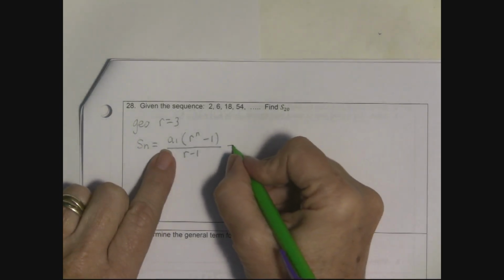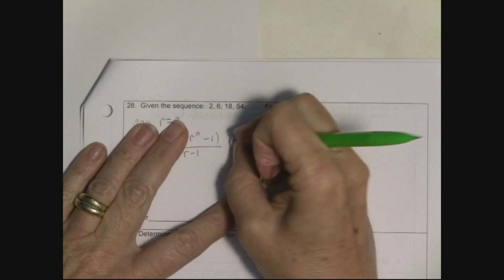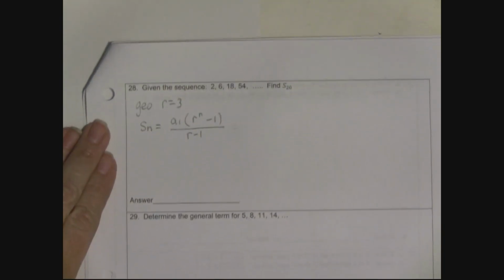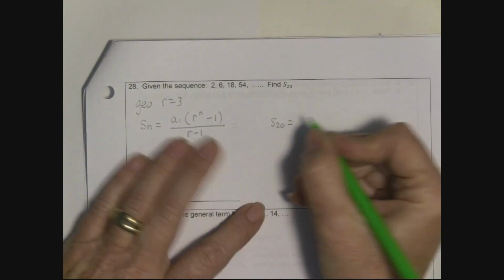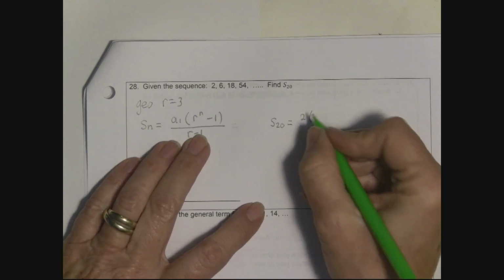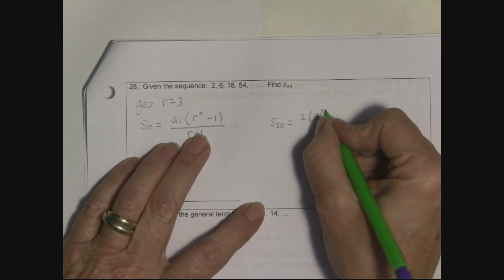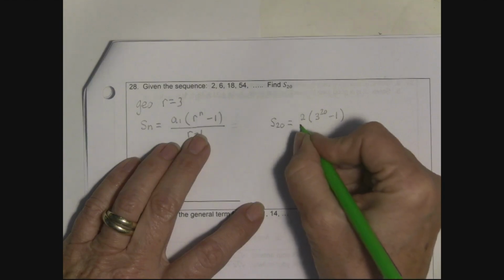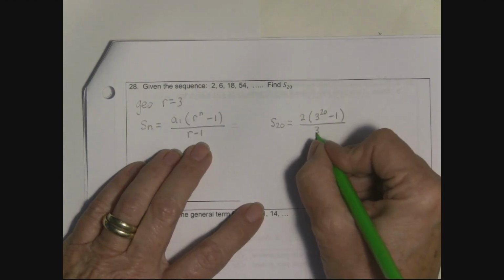I hope that's right, because I don't have my formula sheet right here, and apparently don't have my thinking cap on. So this would make S20, I think, 2 times 3 raised to the 20 minus 1, divided by 3 minus 1.